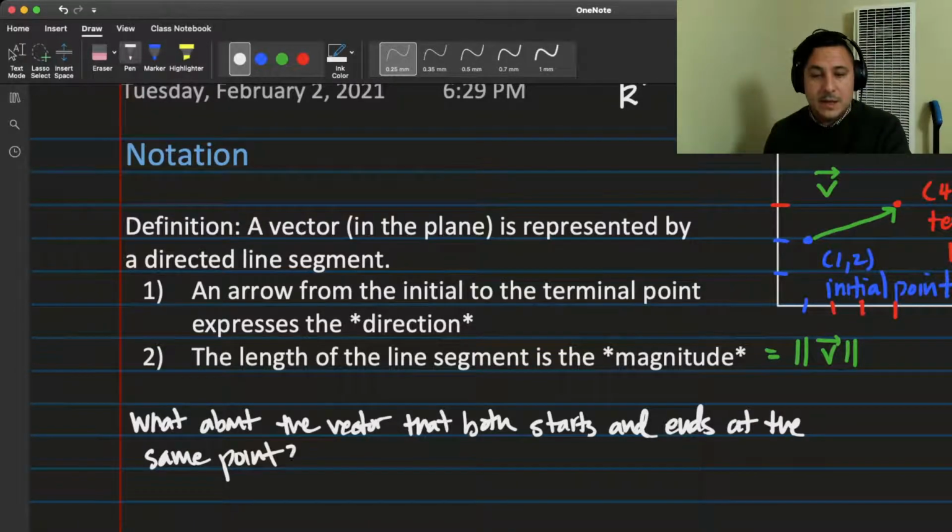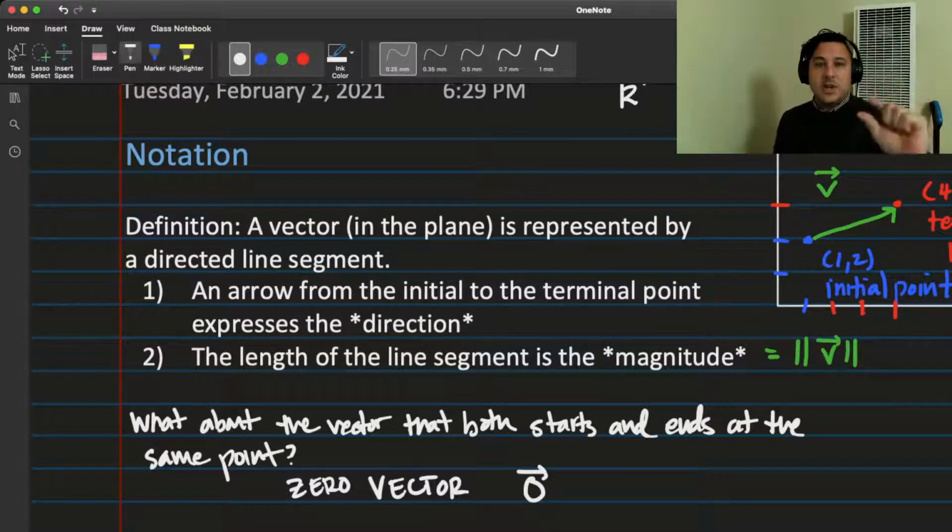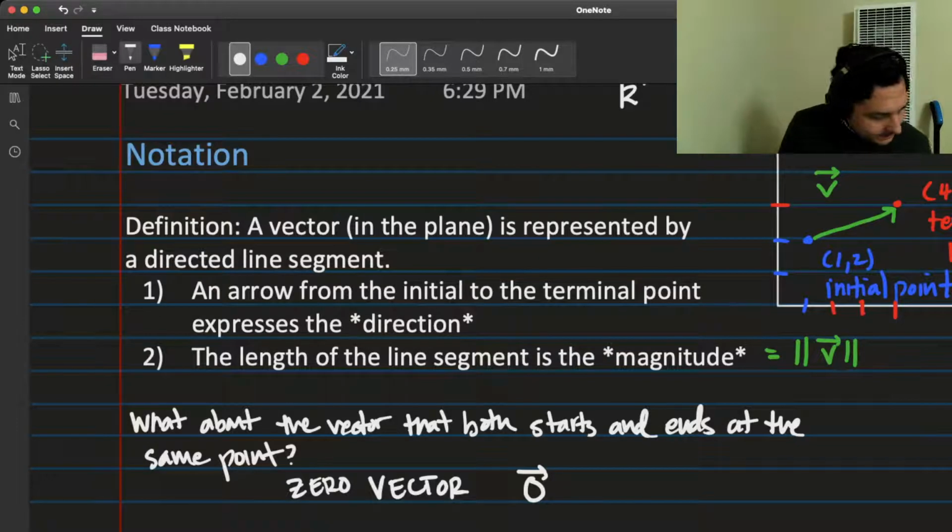In other words, a vector where the initial and terminal point are the same thing. We have a special name for this. It's called the zero vector, and we have a special way of writing that. We write 0 with a little line over it. So the zero vector is the vector which both starts and ends at the same point.